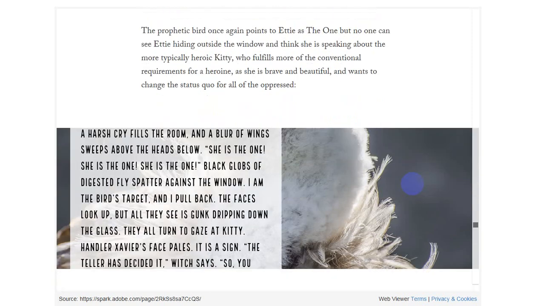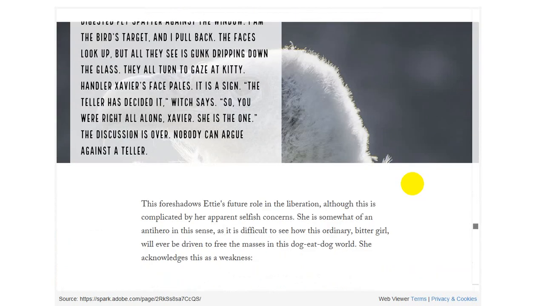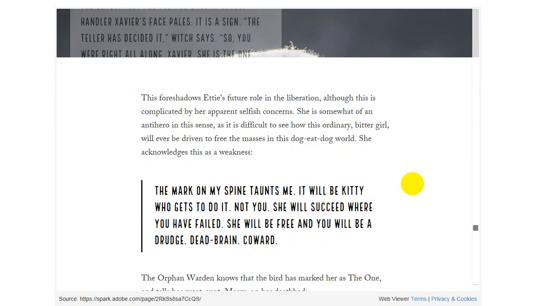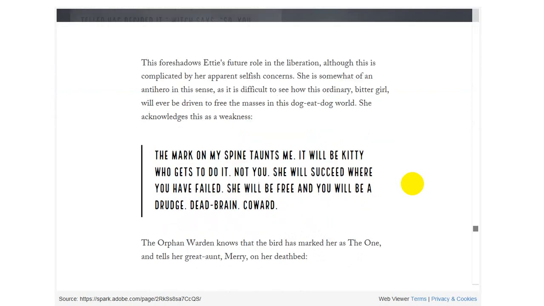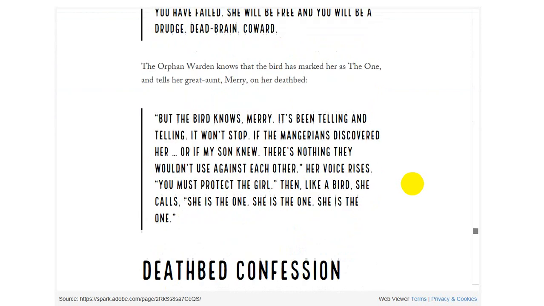The prophetic bird once again points to Etty as the one, but no one can see her, so they all think that it's Kitty. And this foreshadows Etty's future role in the liberation, but it's quite complicated by her parents' selfish concerns. We can't really see her caring enough to want to do anything about anyone else except herself. And in fact, that's how the book ends. She eventually abandons everybody and jumps in a boat and sails off, leaving everyone behind.